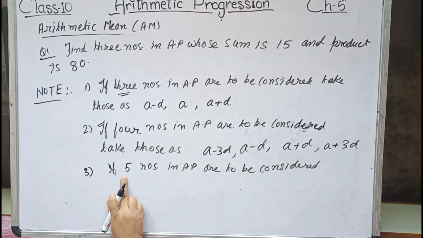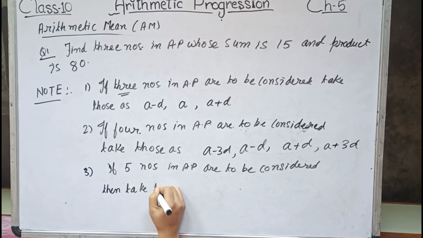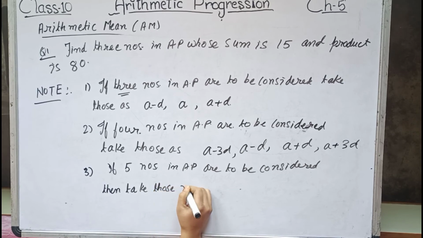Again 5 is odd, then take those numbers as, now 5 is odd, so the middle one can be a.